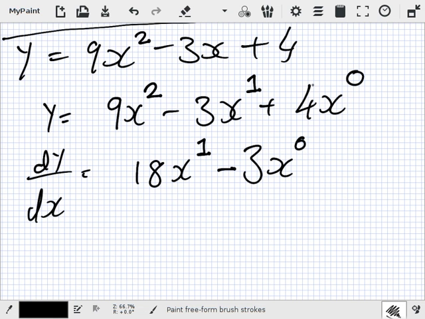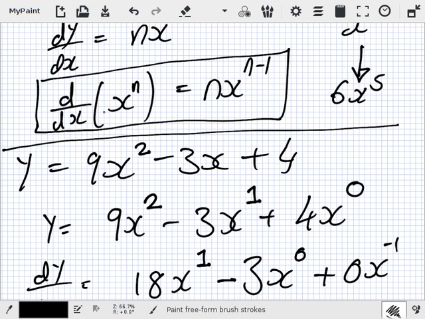And if I bring the 0 down, 0, x to the power minus 1. The power comes down and you take 1 from the power. That's the rule. Take the power down and take 1 from the power.